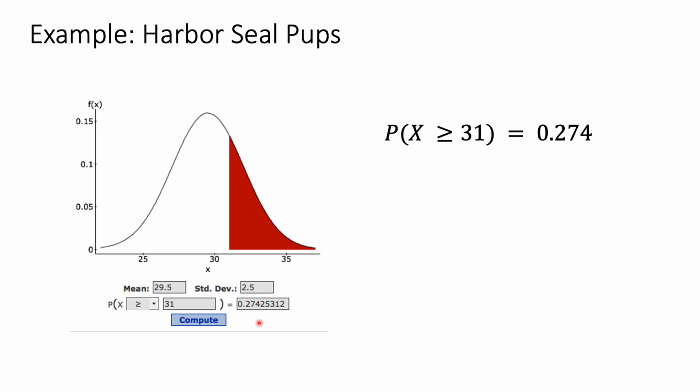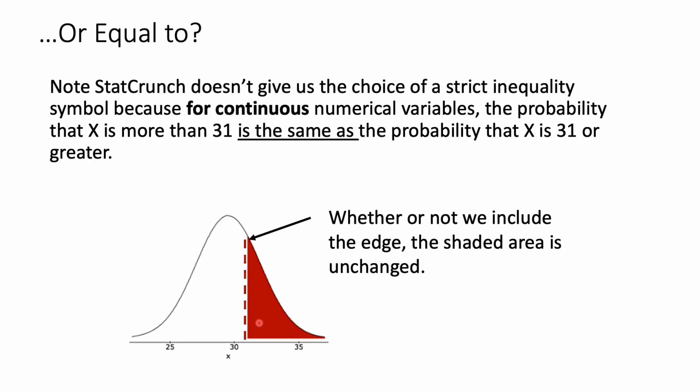Now you might be wondering, technically that question said greater than 31, and what we found was the probability that you're greater than or equal to 31. So did we do something wrong? Well, in StatCrunch, we don't get the choice of strict inequality because for continuous numerical variables, the probability that x is more than 31 is going to be the same as the probability that x is 31 or greater.